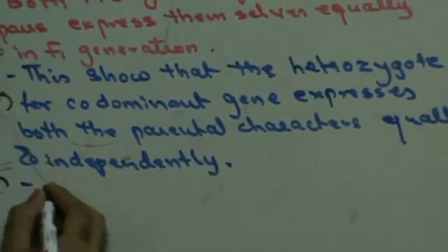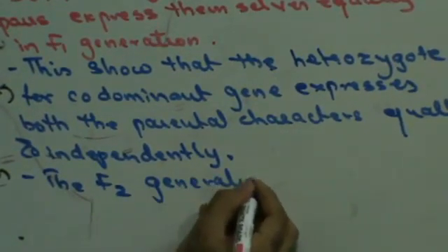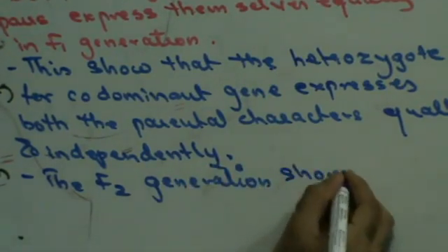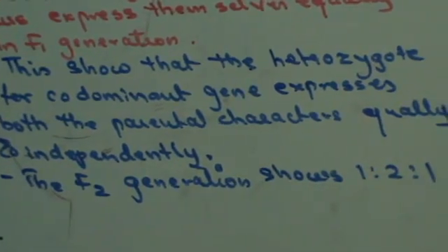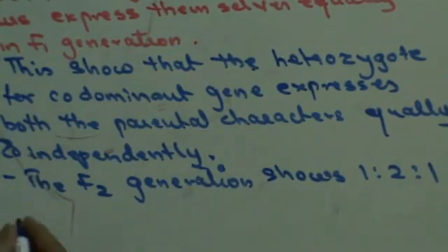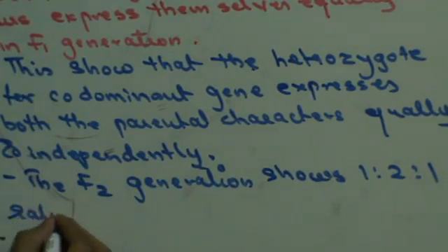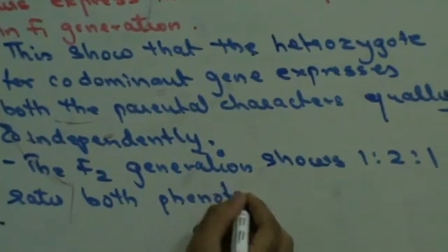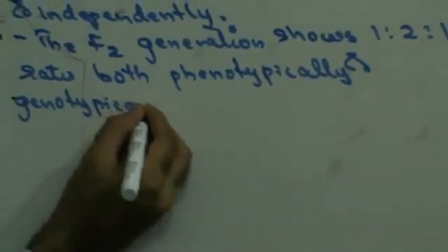The F2 generation shows a 1:2:1 ratio, both phenotypically and genotypically.